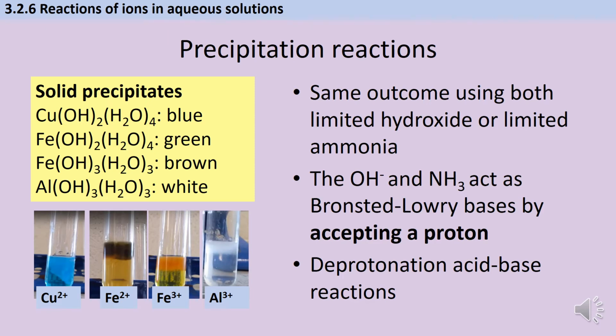Now, the slightly cool thing is that if you add limited ammonia, you actually get the exact same reaction, and not just something that looks the same, but you actually are making the same precipitate, say the copper hydroxide precipitate. The reason for that is that when you add ammonia, that ammonia can act as a Bronsted-Lowry base, so it can accept a proton or a hydrogen ion. And those hydrogen ions have come from the water in the aqueous solution.